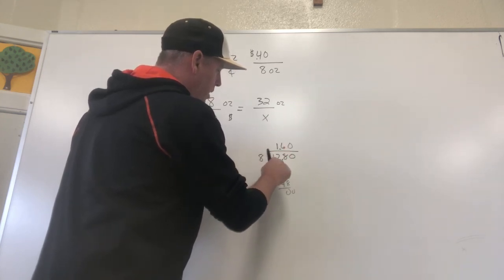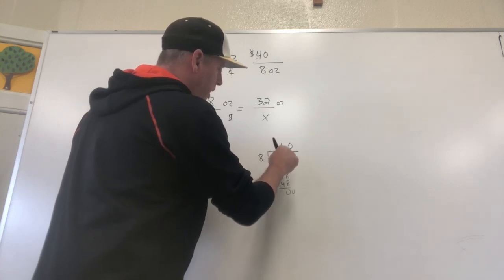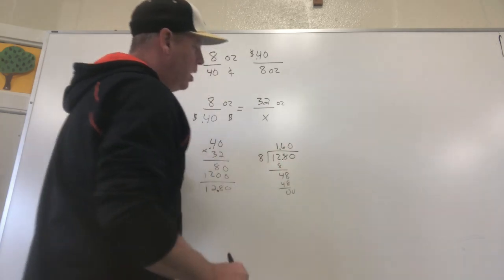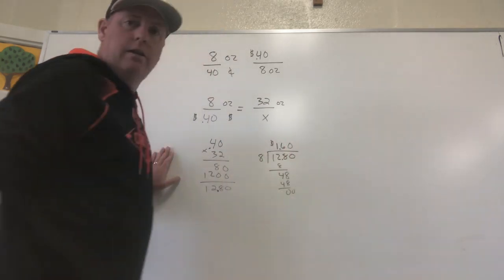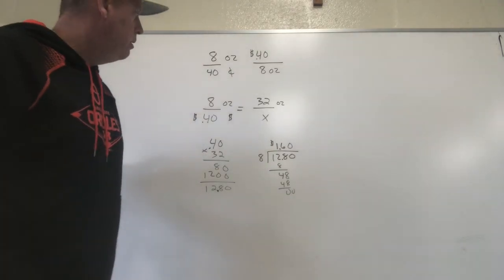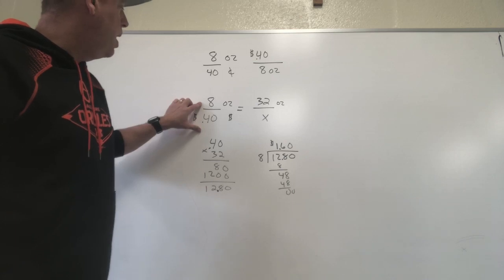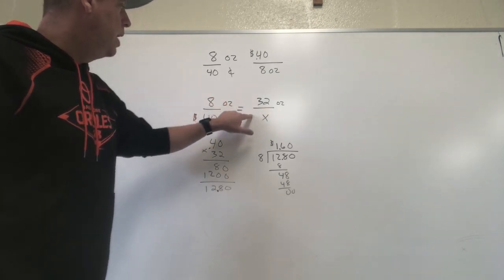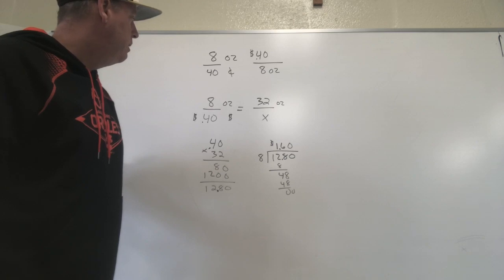When I divide $12.80 by 8, my decimal point stays there. It's $1.60. So if I have 8 ounces of a product that costs 40 cents, 32 ounces would be $1.60.